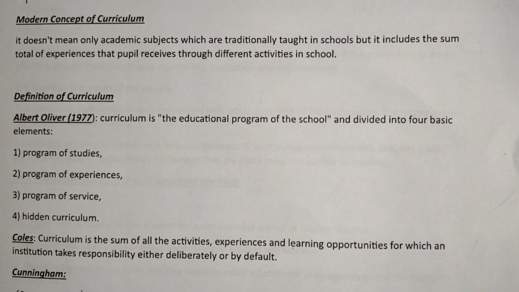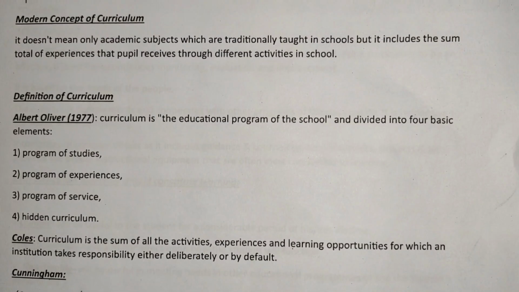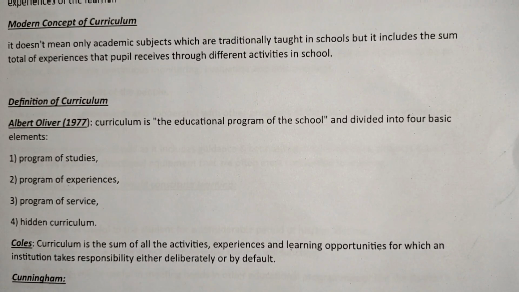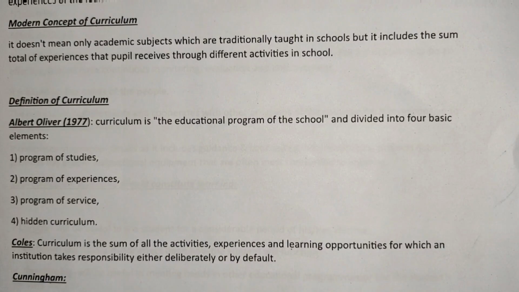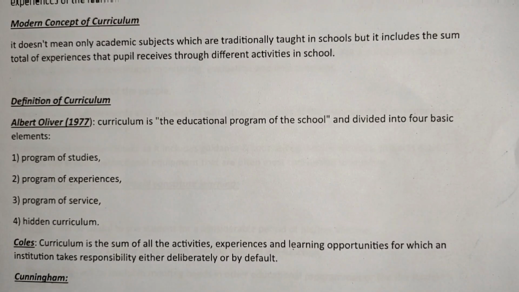Now comes the modern concept of curriculum. It doesn't mean only academic subjects which are traditionally taught in schools, but it includes the sum total of experience that people receive through different activities in school. Now comes the definition of curriculum. Albert Oliver in 1977 said that curriculum is the education program of the school and is divided into 4 basic elements: first is the program of studies, program of experiences, program of service, and hidden curriculum.